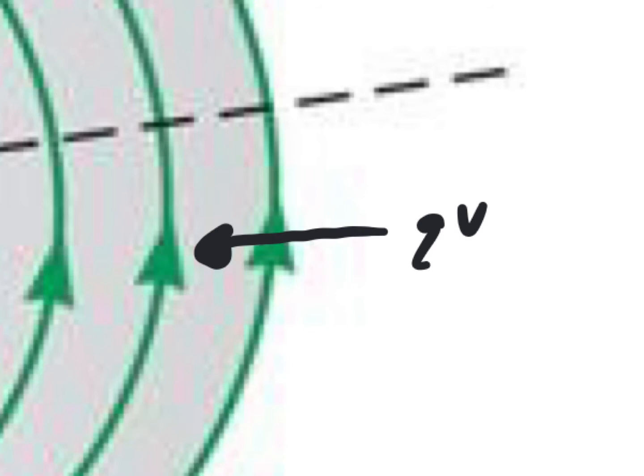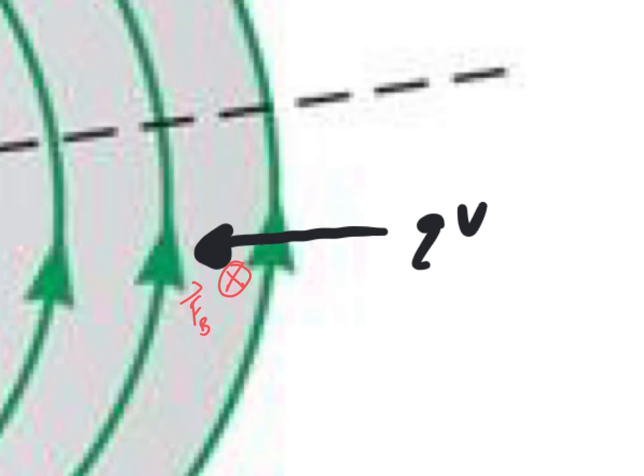And as a result, my thumb is pointing into the screen. That into the screen thumb means that's the direction of the magnetic force due to this magnetic field acting on that charge coming in.